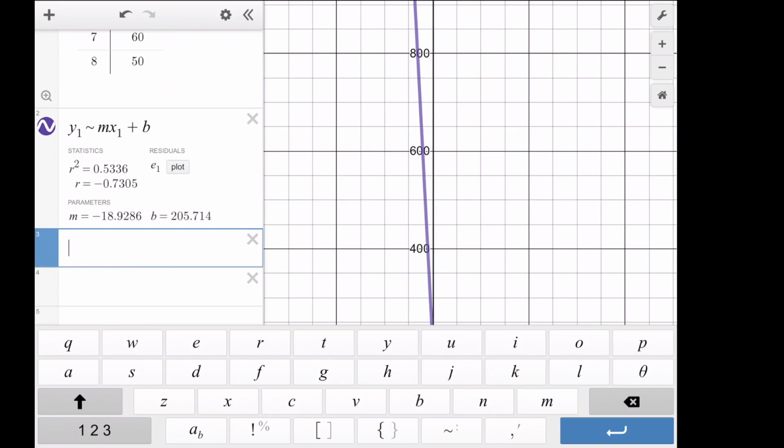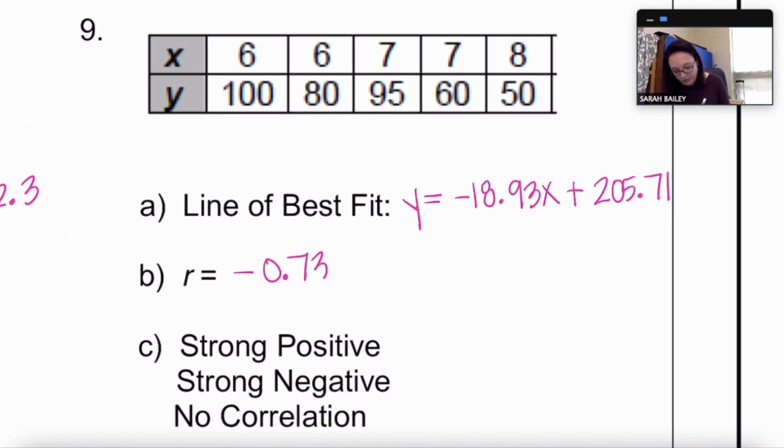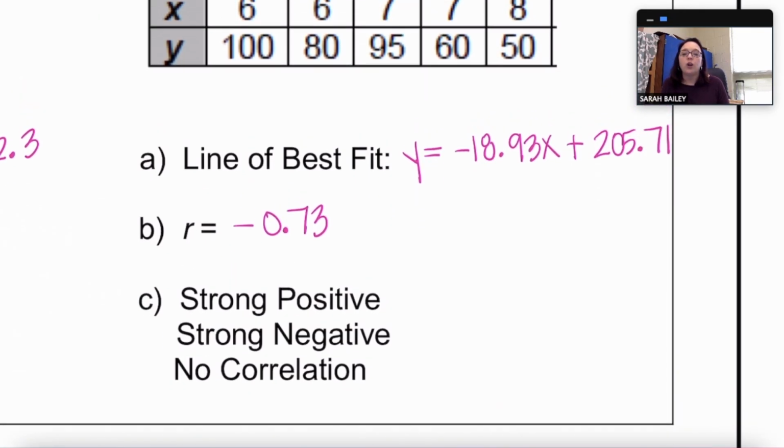Our R value is negative 0.73. So this is going to be negative, right? And it would be a strong negative because negative 0.7 would be pretty close to negative 1.